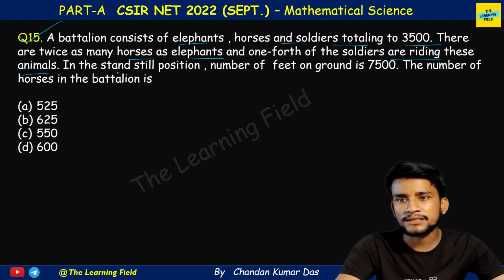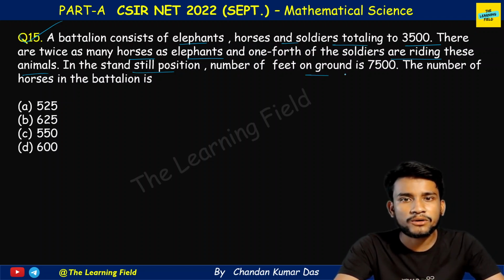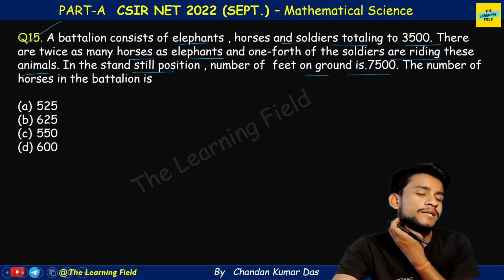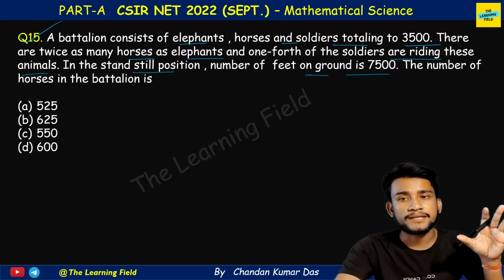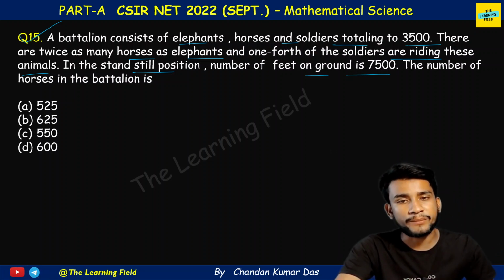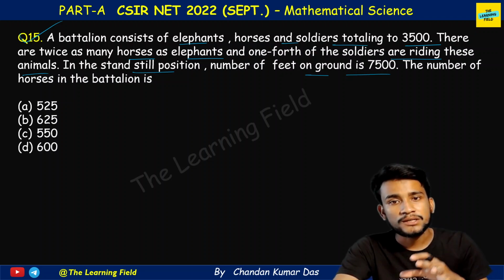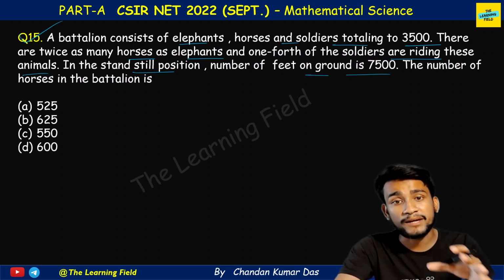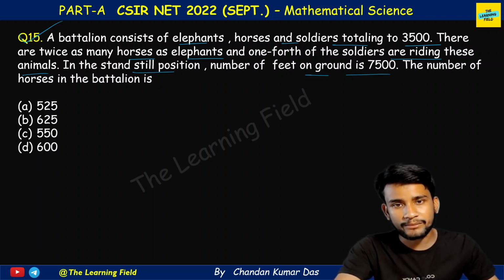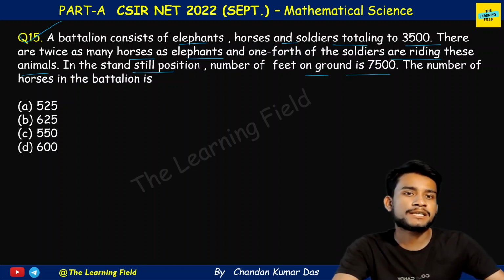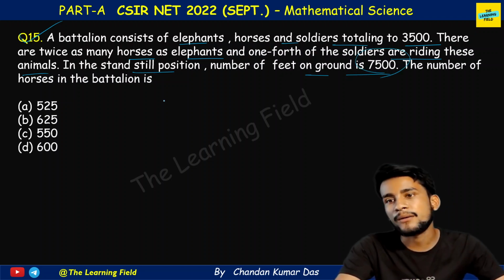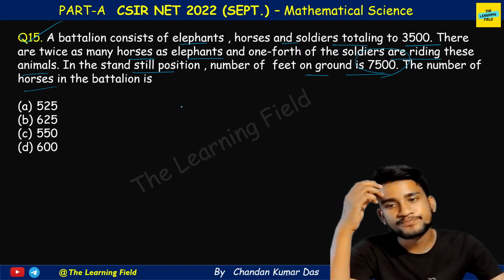In the standstill position, the number of free feet on the ground is 7500. That means the elephants, the horses and the men standing on the ground, the number of feet, that is the number of legs of these animals and soldiers, is 7500. Then what is the number of horses in the battalion?